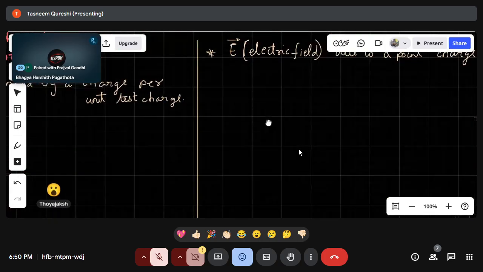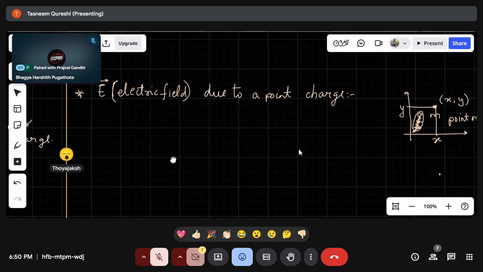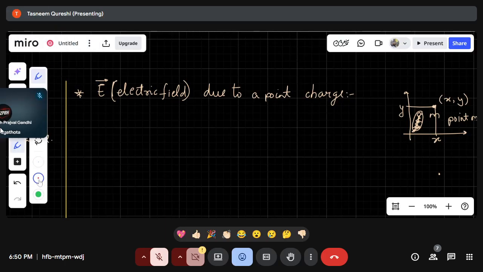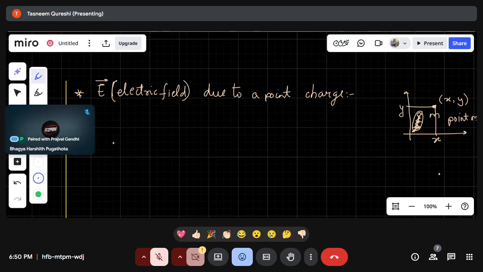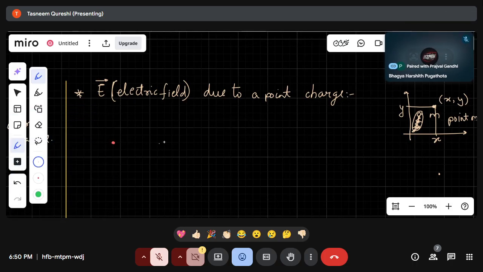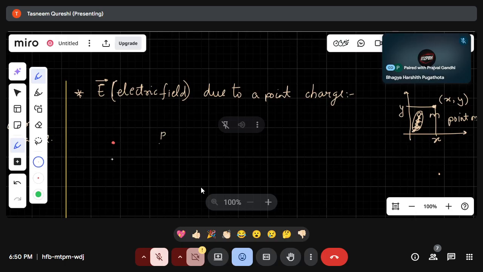Okay. So we are going to write electric field due to a point charge, meaning you have a charge. It is kept here. And someone tells you, tell me the electric field at this point. This point's name is P, and this point is say r distance away from the charge, and the charge is q.